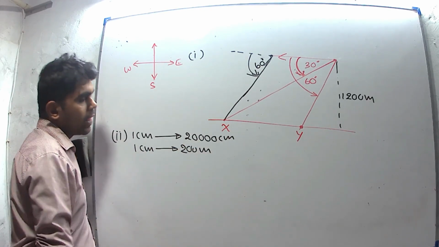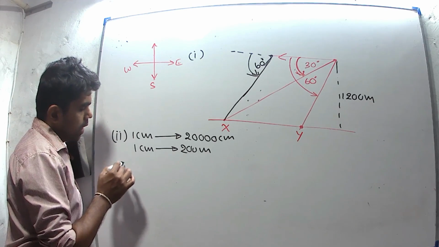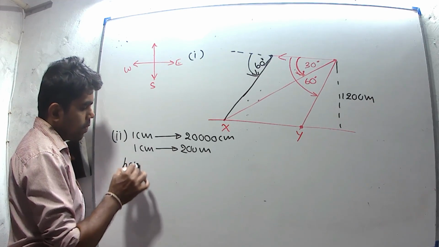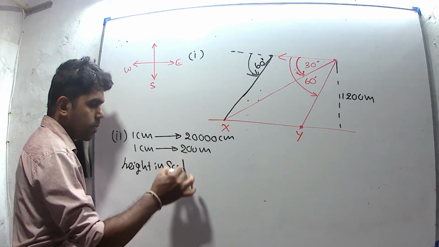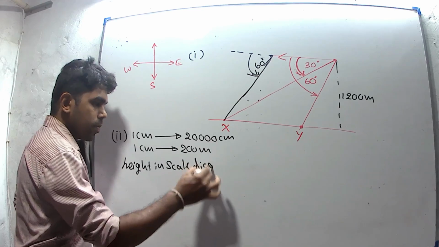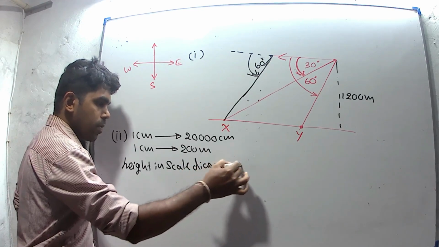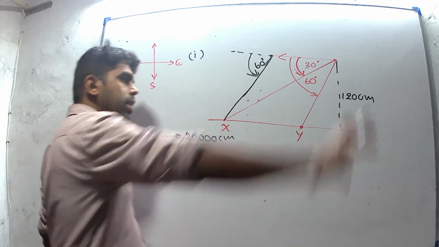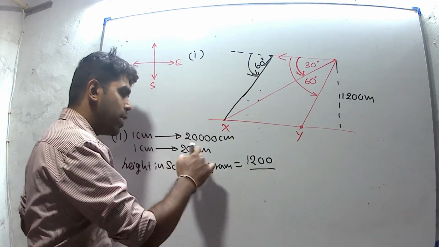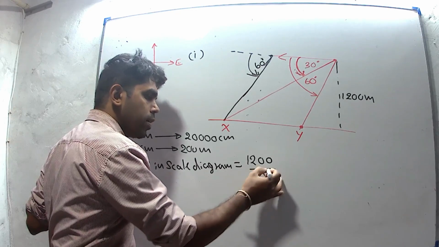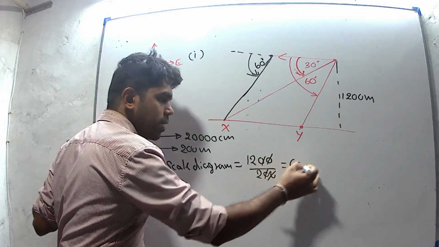Now we have to find the height in the scale diagram. We have to divide this actual height by the scale value. The scale value is 200. 6 centimeters.